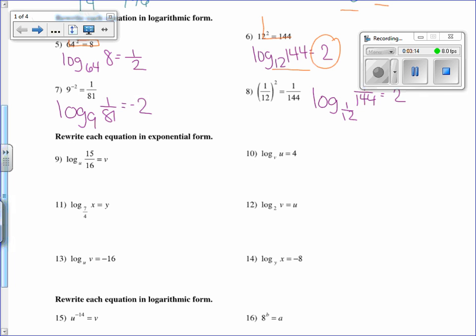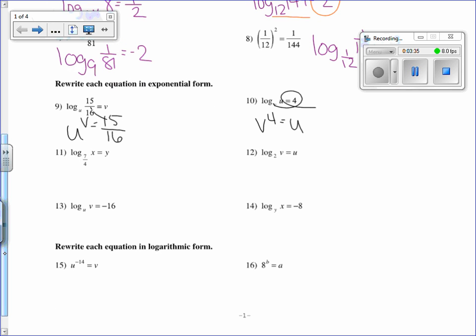Number 9, rewrite in exponential form. So this would be U to the V equals 15 over 16. Base stays on bottom. If you want, you could do the little E thing, but that's a little hard with the fractions. V to the 4th equals U. Again, you can make the E, even though that doesn't really look like an E. Number 11, let's see if I can make the E here.